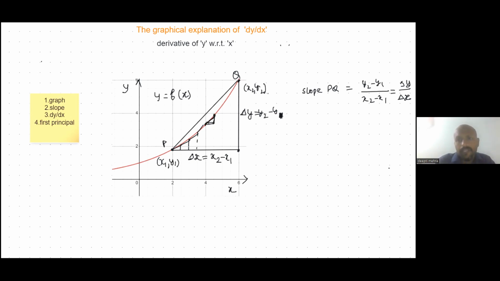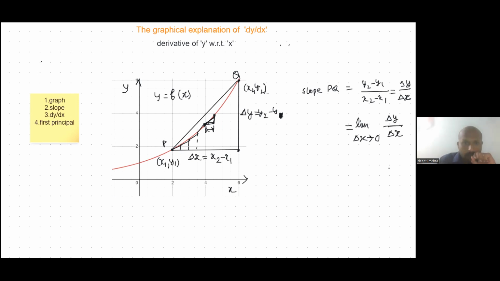Now think of the limiting value. Limiting value means when delta x approaches 0. When this change in x approaches 0, it turns into a small point, and there will be a correspondingly very small change in y.